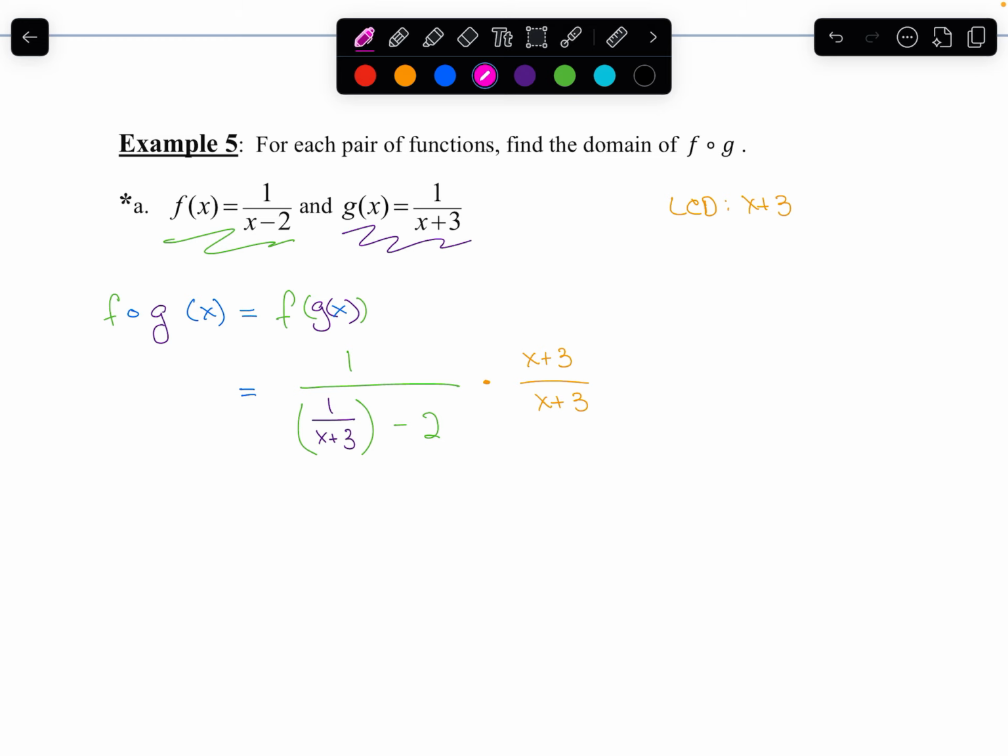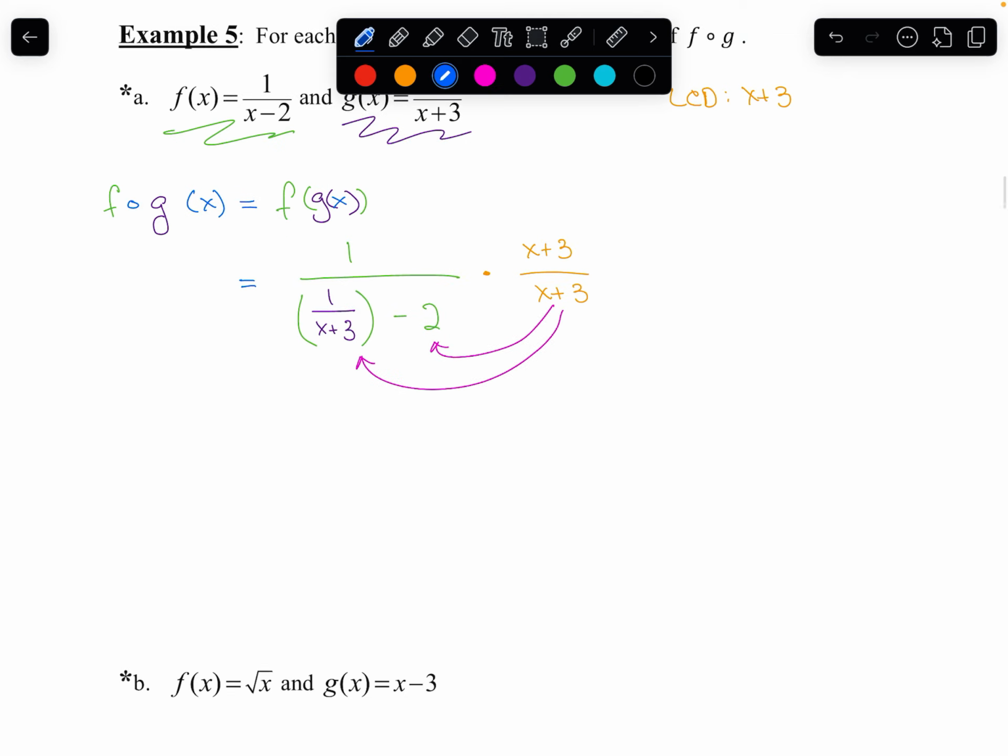So when I do that, I'm going to distribute it to both terms on the bottom. In the numerator, there's only one term, so when it gets distributed, it doesn't look like much. It's just 1 times x plus 3. On the bottom, I have 1 over x plus 3 multiplying to x plus 3, and then minus 2 times x plus 3.